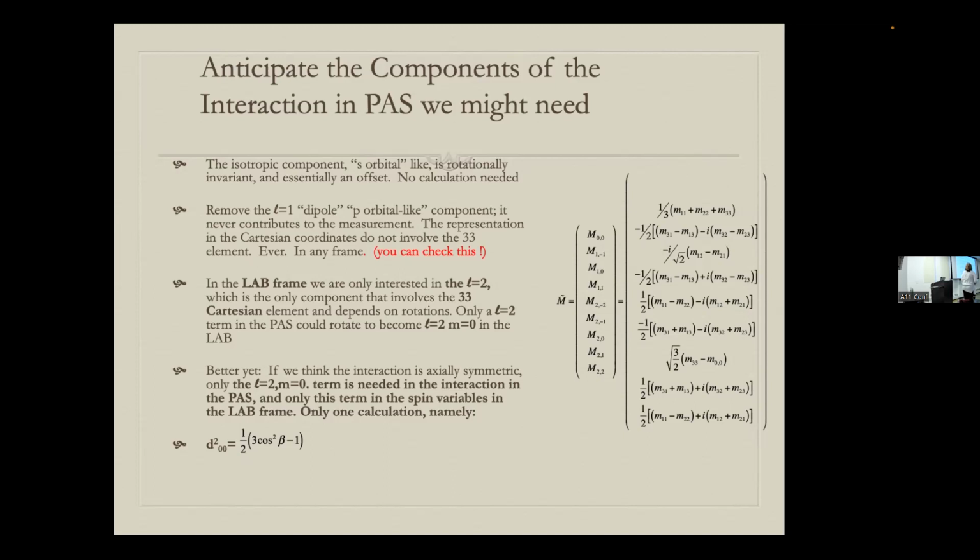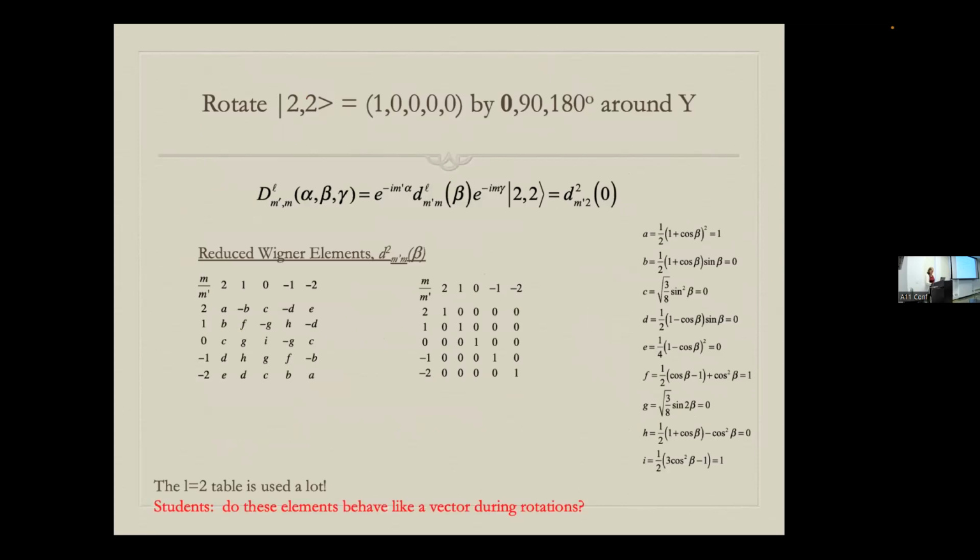You can derive, using these Wigner rotation elements, this famous expression that the projection, when L equals 2, M equals 0, and M prime equals 0, is the second Legendre polynomial. So when we have this big table over here, it corresponds to this one right here.